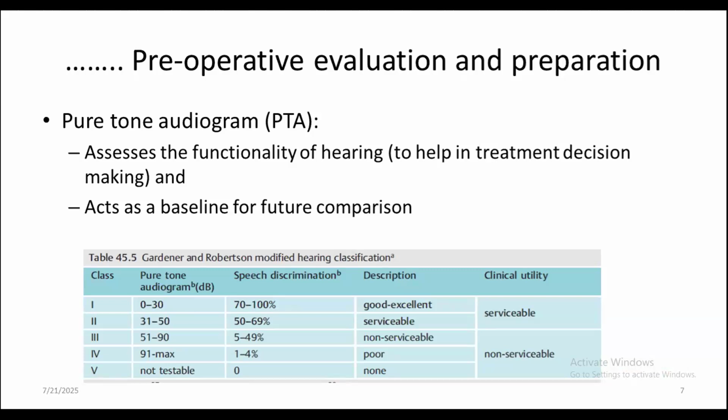Usually, this grading by Gardner and Robertson helps in identifying whether the hearing is a serviceable one or a non-serviceable one. Usually, patients with pure tone audiogram of 0 to 50 decibel have a serviceable hearing, while those that are having above 50 have non-serviceable hearing.